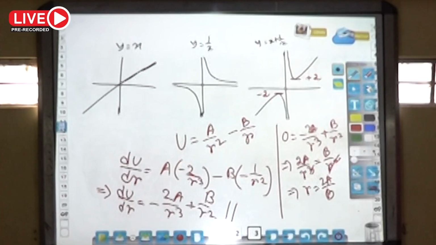Normally in problems, if options are given and this value of r comes, no need to check, because they are asking for stable equilibrium, and if the option matches, you can already tick. But for safety, you can check the second derivative sign.